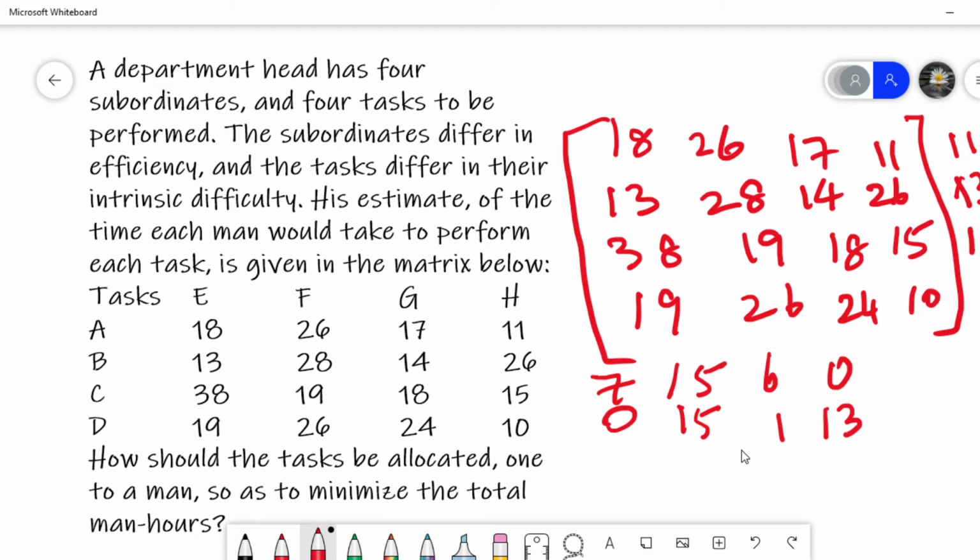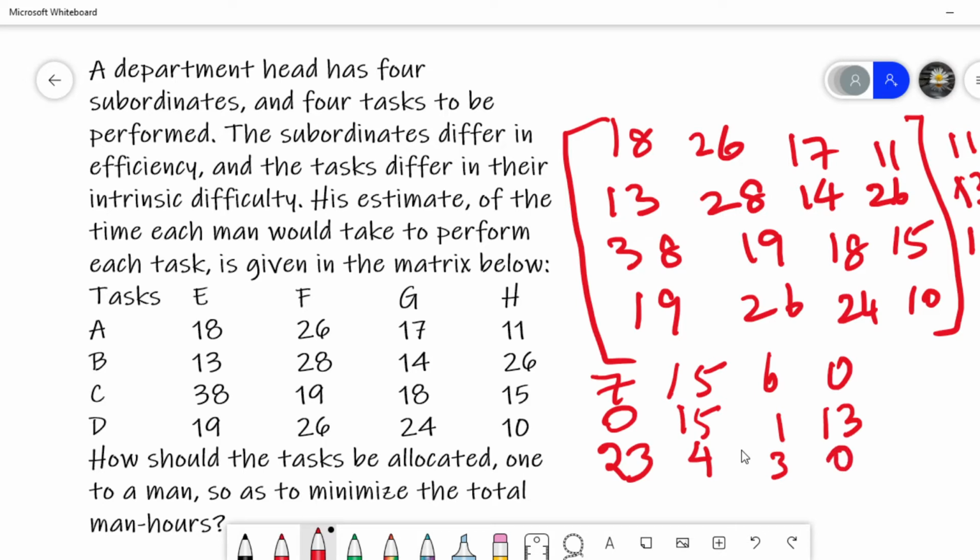Next, in the third row, the smallest element is 15, so we subtract 15 from each cell value. 38 minus 15 is 23. 19 minus 15 is 4. 18 minus 15 is 3. 15 minus 15 is 0.